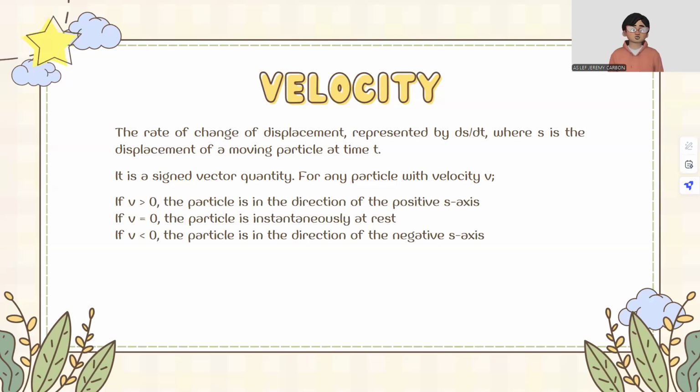Now, if velocity is less than zero, or negative, the particle is moving in the direction of the negative S axis, which is more often than not to the left.